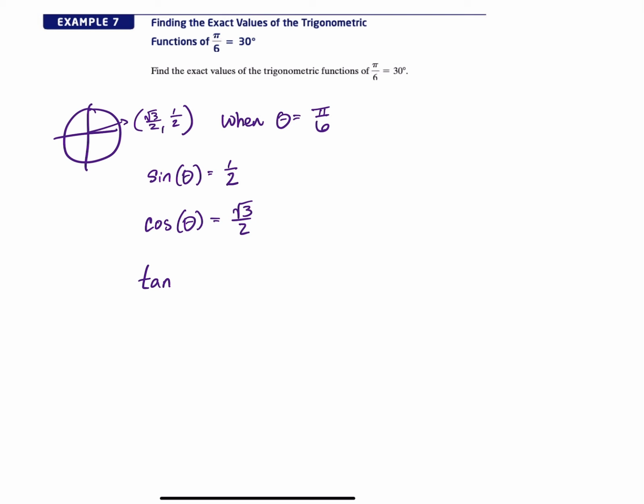The tangent, sine over cosine, so let's write that out again. This time the sine is 1/2, and we'll divide by root 3 over 2. So that means we're doing 1/2 times 2 over root 3. So these 2's will cancel. So we get 1 over root 3, or if we rationalize, if we remember from last time, that gave us root 3 over 3.